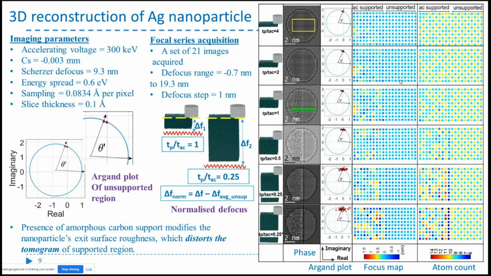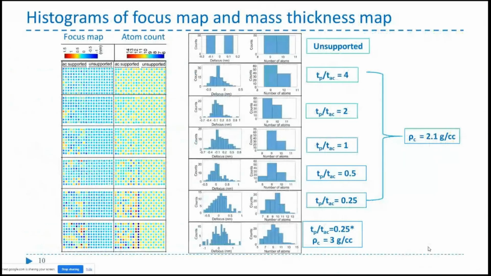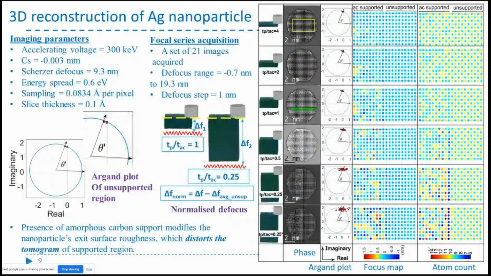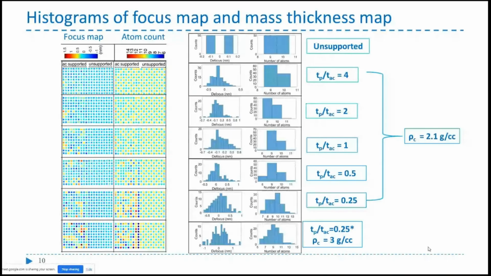You see, this is the unsupported region. This method works pretty well. When it is supported with amorphous carbon, as the carbon thickness increases, we are not getting the same value everywhere. We are seeing a lot of variation in both the focus map and the atom count. Now, what I have shown is a graphical representation.